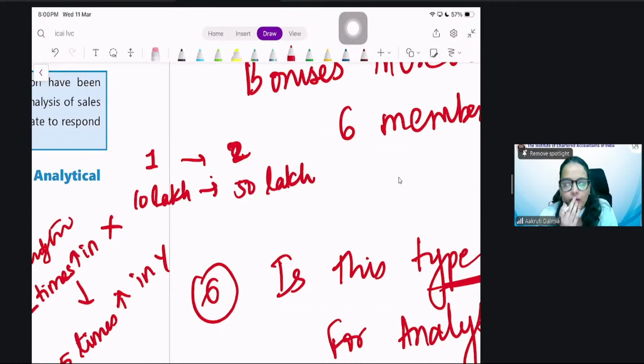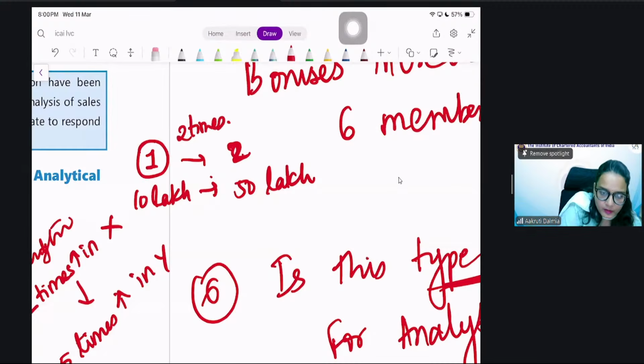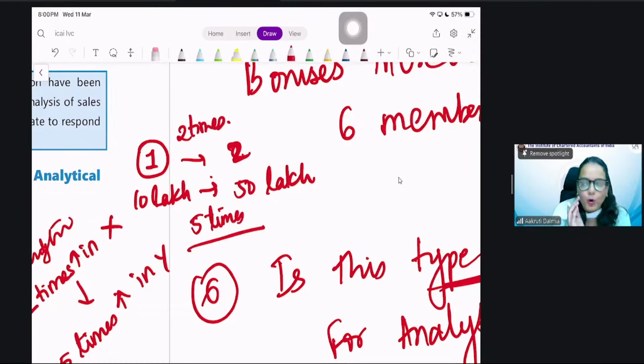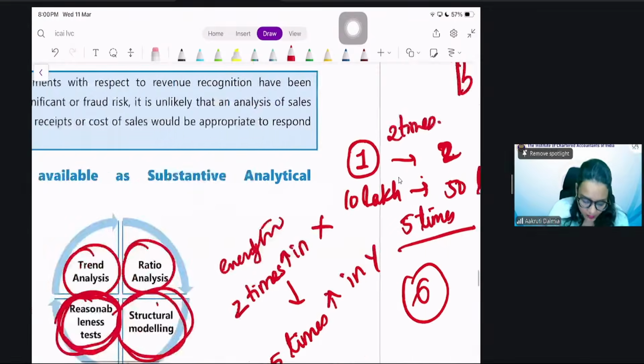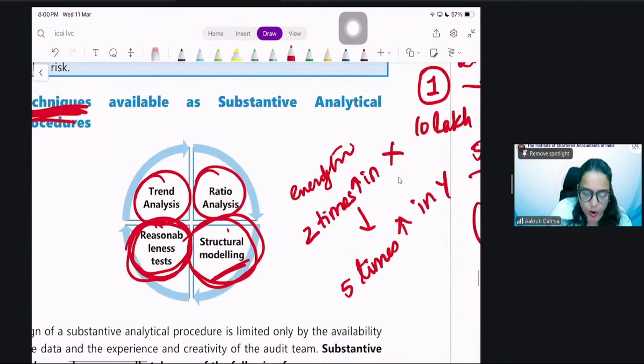Do you understand what I'm saying? What is the relationship? Anytime the sales increase by 2 times, the data increases by 5 times. What is this called? It's called structural modeling. Everyone clear?